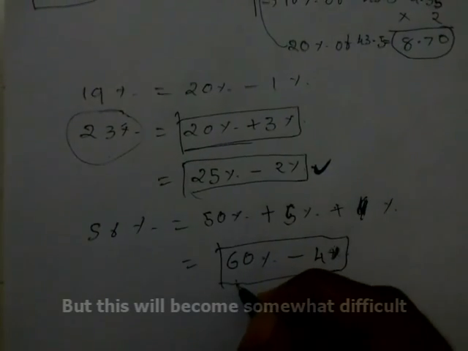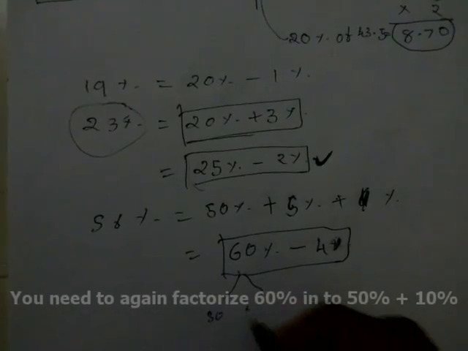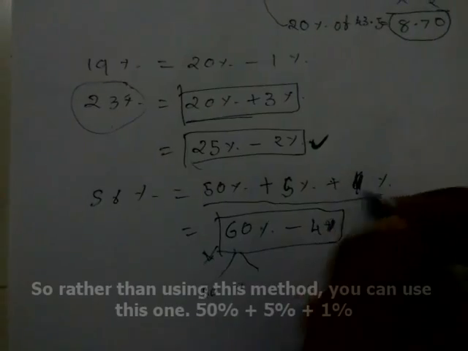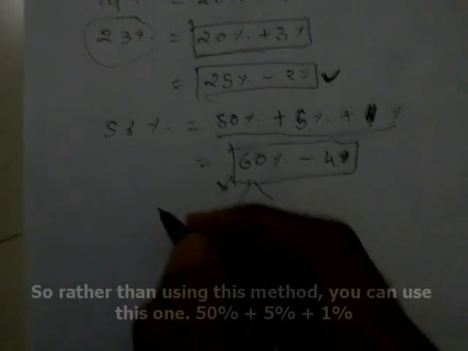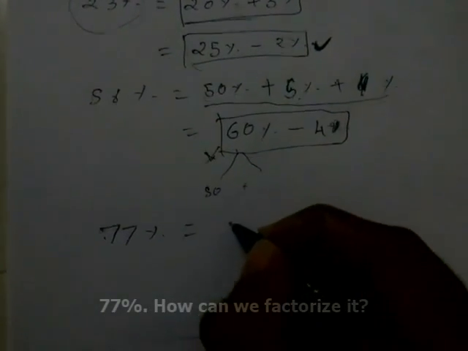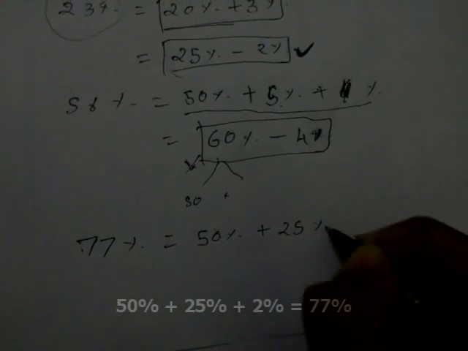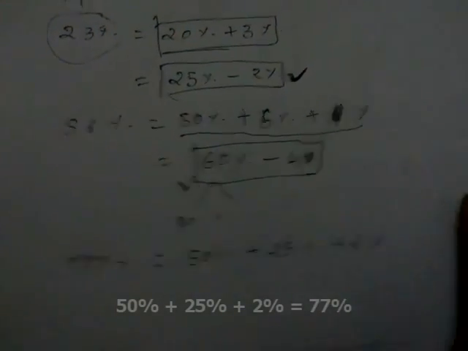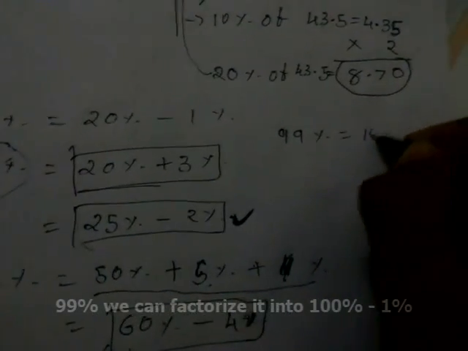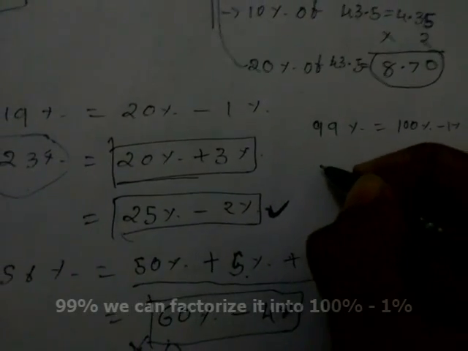Like you need to first again make factors of 60%, that is 50 plus 10%. So rather than using this method, you can use this one, 50 plus 5 plus 1. 77%. How can we find it? By 50% plus 25% plus 2%. 99%. That is pretty easy. 100% minus 1%.